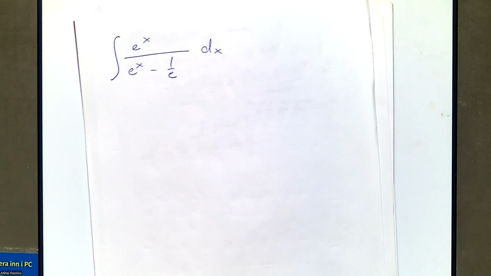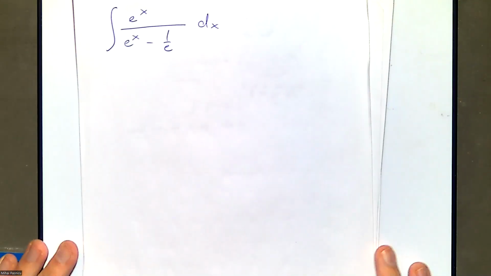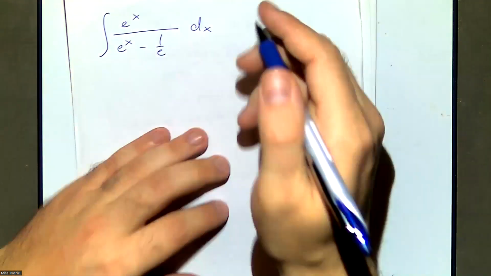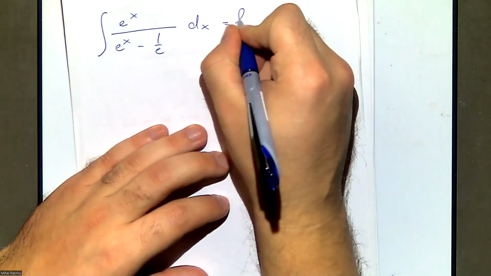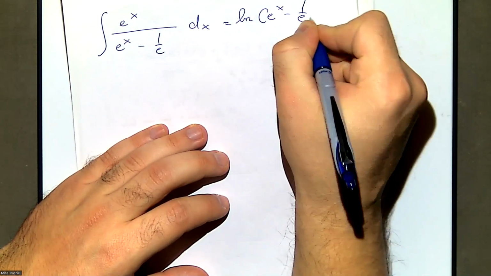Any ideas? So I can probably write it down, but whenever you have 1 over an f of x, it's usually a great idea to think of that f of x as being ln of something. So I'm just going to try my dorky idea, which is ln of e^x minus 1 over e.